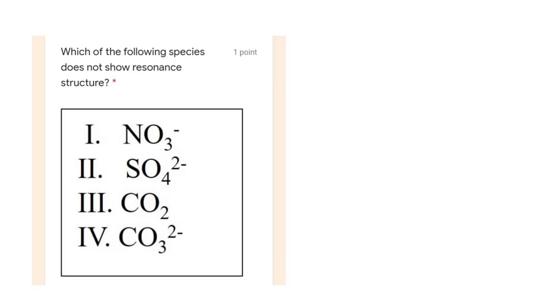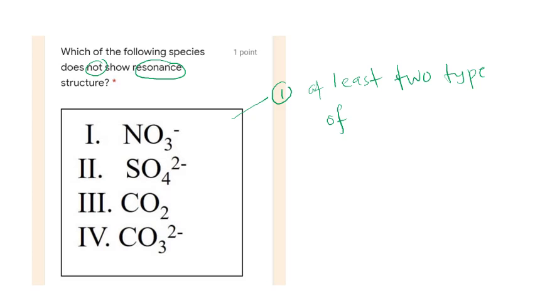Question number 4. Which of the following species does not show resonance structure? This one will be based on our examples in the tutorial or in the lecture. Basically there is one tip for a compound which can show resonance structure. Normally they must contain at least 2 types of bonds.